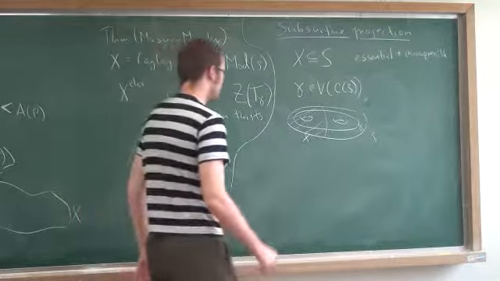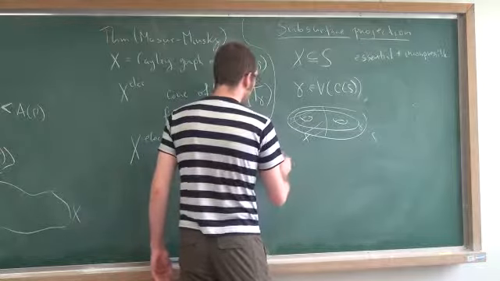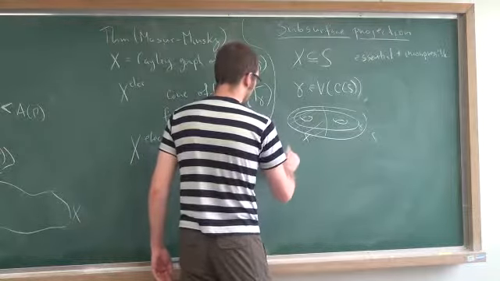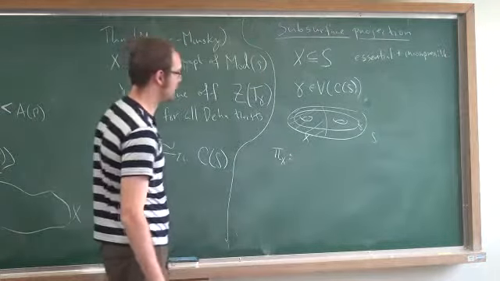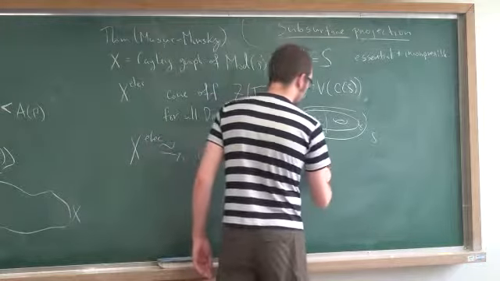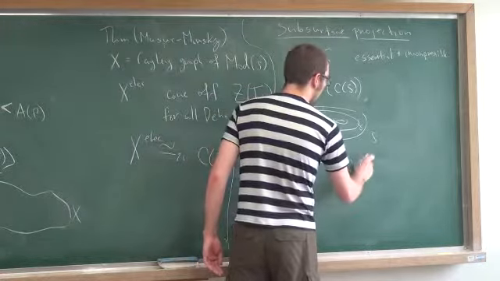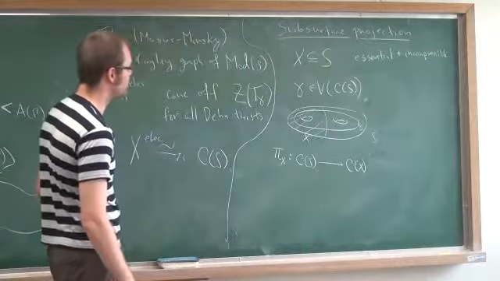Precisely what one does, I'm going to abuse notation, and I'm going to write pi of X for the subsurface projection map. This takes the curve graph of S, and I'm going to write that it maps from the curve graph of S to the curve graph of X, but that's strictly not true.